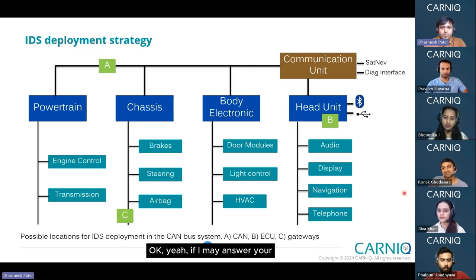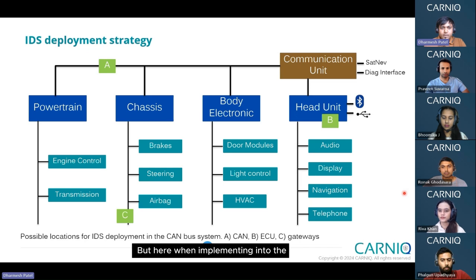Okay, if I may answer your question. IDS was first introduced in IT infrastructure and the internet, and later came to automotive. When implementing in automotive, certain things need to be taken care of because IT infrastructure has a lot more resources and a lot more time.